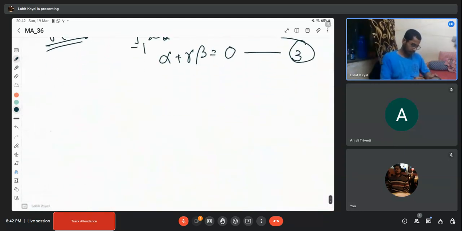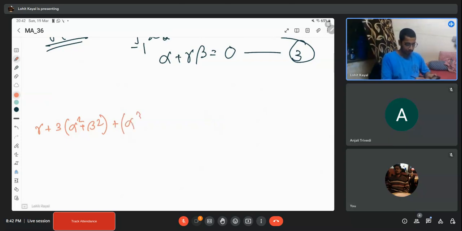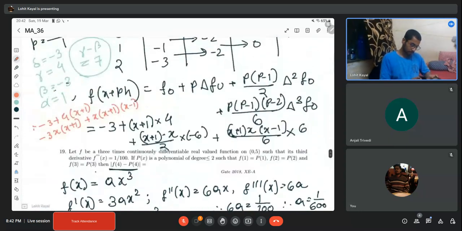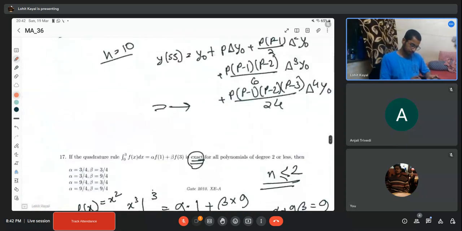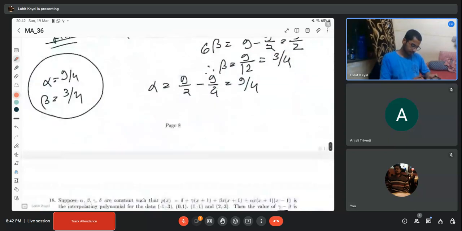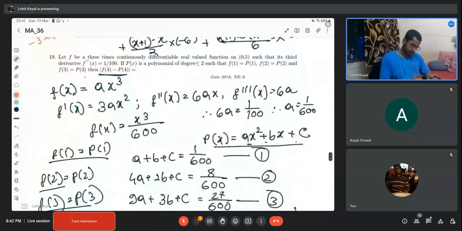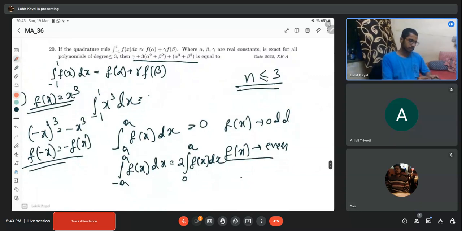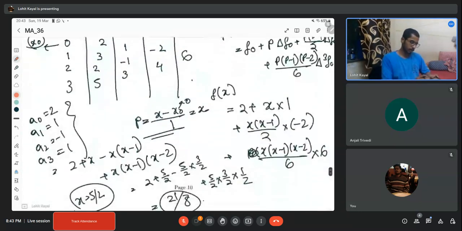I need to find gamma plus 3 times alpha square plus beta square plus alpha cube plus beta cube. Let's just check that. Gamma plus 3 alpha square plus beta square plus alpha cube plus beta cube. Yeah, right.